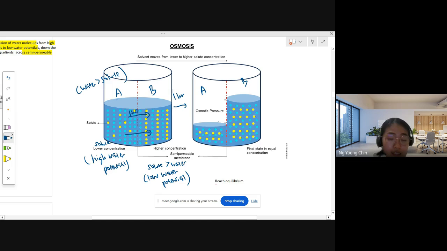For example, in A, since you have more water compared to solute, the molarity will be about 4 molar. Molarity refers to how much solute is inside. Then how about B? B has more solute than water, so it will be about 6.